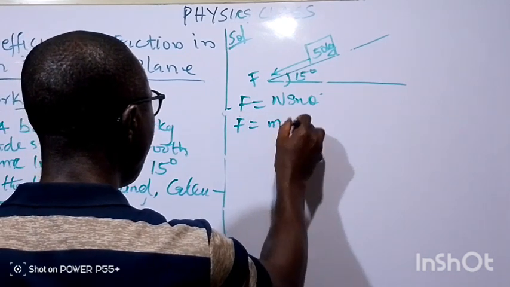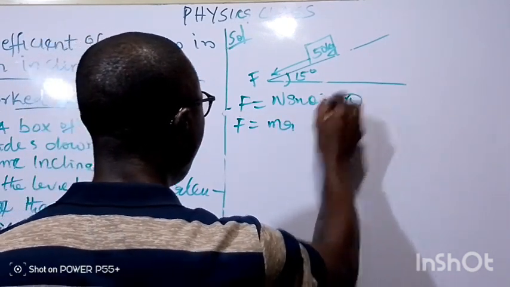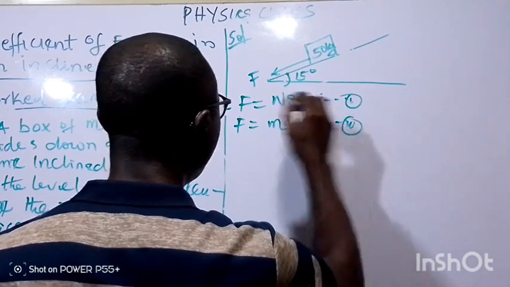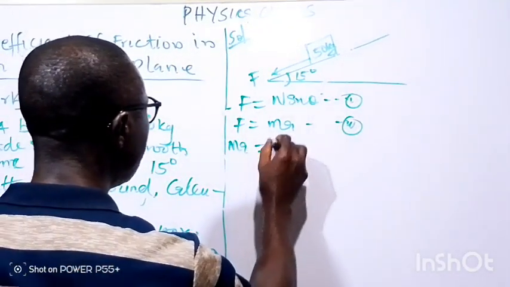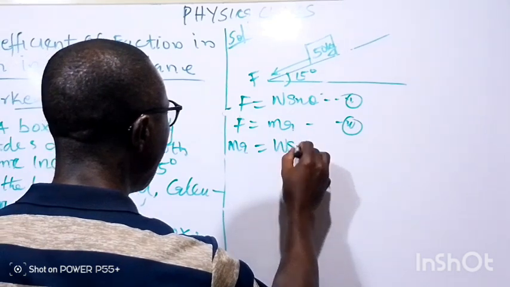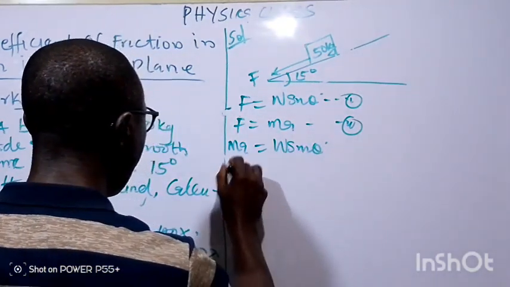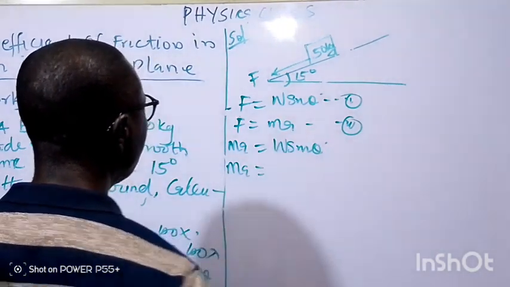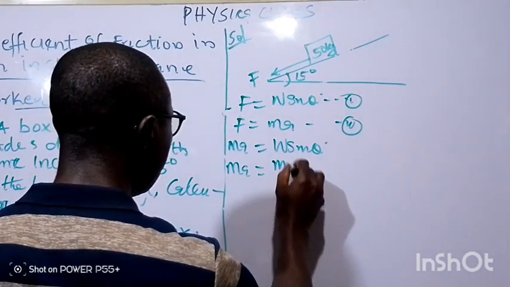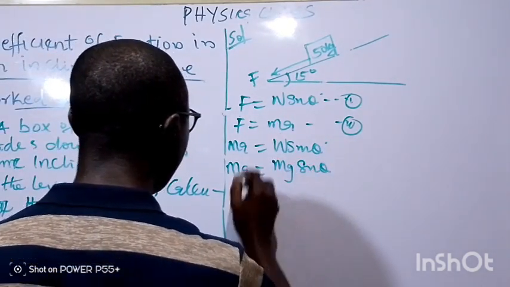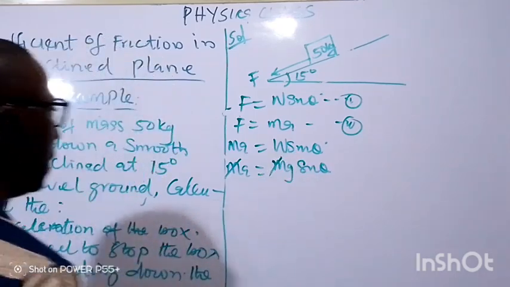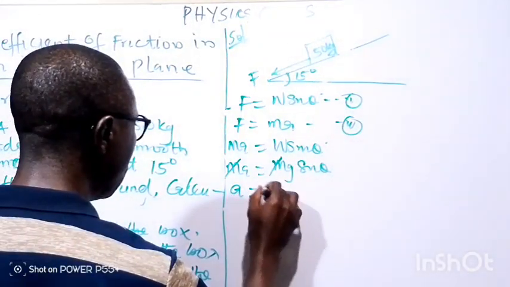Call this one equation 1, call this one equation 2, equate the two together. Then you have ma is equal to W sine theta, and ma will be equal to mg sine theta, since W is mg. m will cancel m, then a will be equal to g sine theta.